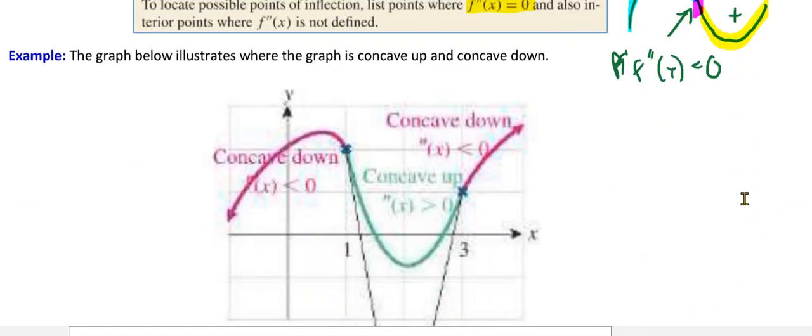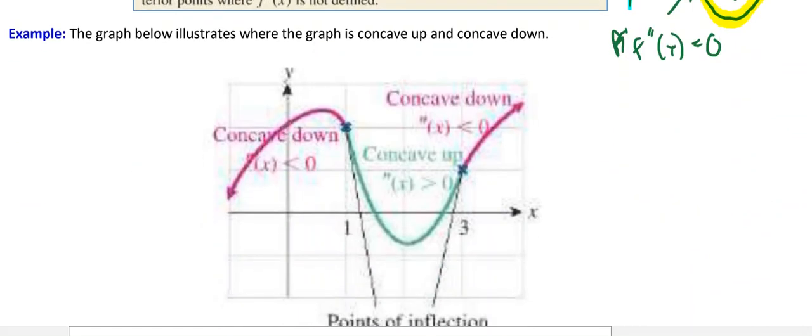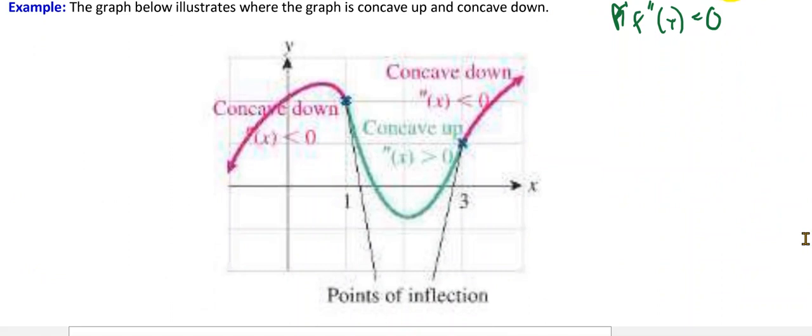So let's take a look at this graph right here. In this graph, we have a graph that goes from being concave down, right? That means this is where, you can't read this too well, but that's where the second derivative in through here is less than 0.